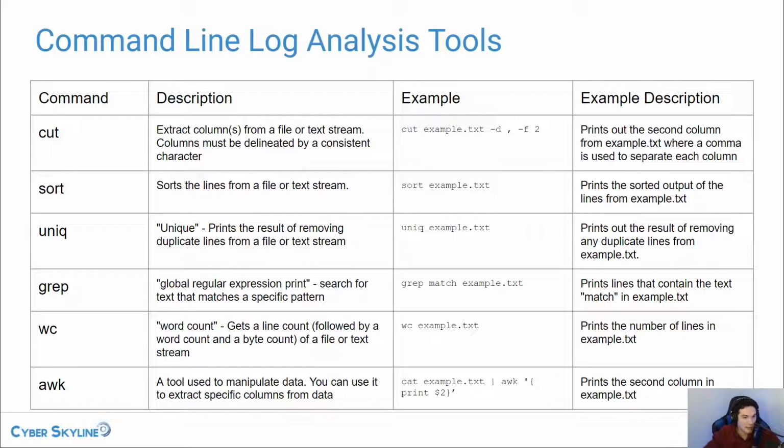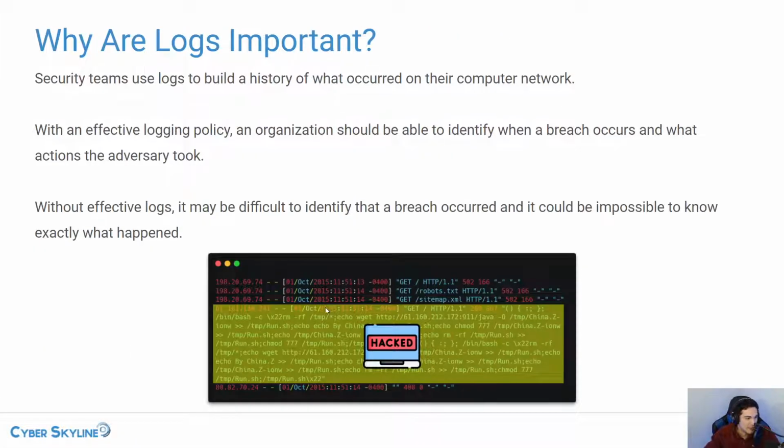And so if we go back to the previous slide, you can see here that a lot of this information is separated by spaces. So you have an IP address here, and then you have a space, and then a dash, a space, and the dash, and a space, and then here's a timestamp, space, and then here's the request that was made, the HTTP request that was made, space. This is a status code, space, and then this is the size in bytes, how big of a request this was.